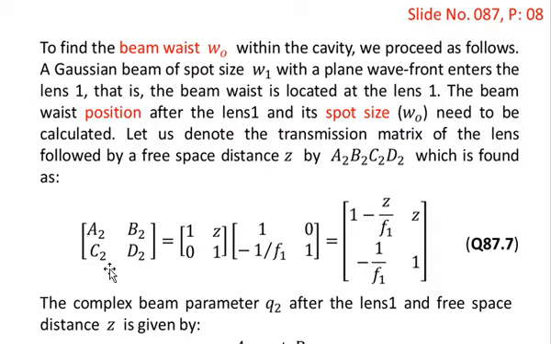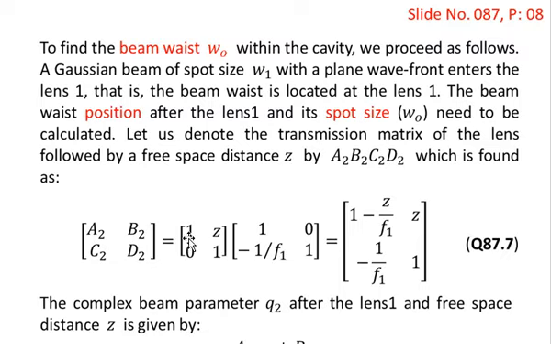So A2, B2, C2, and D2 is the matrix for such a region, which consists of two matrices. One is the matrix 1, 0, minus 1 over F1, and 1. This is the matrix for the lens 1. And then the light after the lens 1 will travel a distance Z in free space, because we are assuming that the beam waist spot W0 exists at a distance Z from the lens 1.